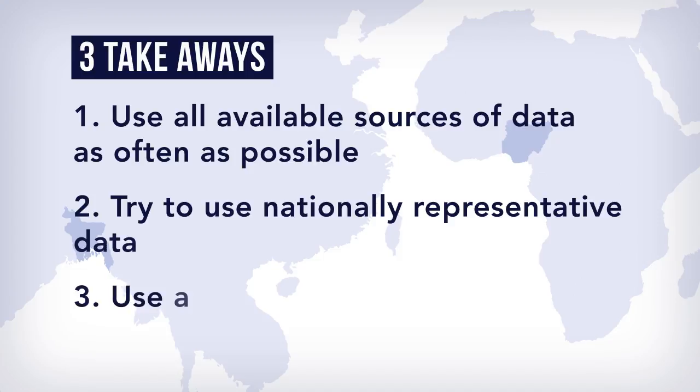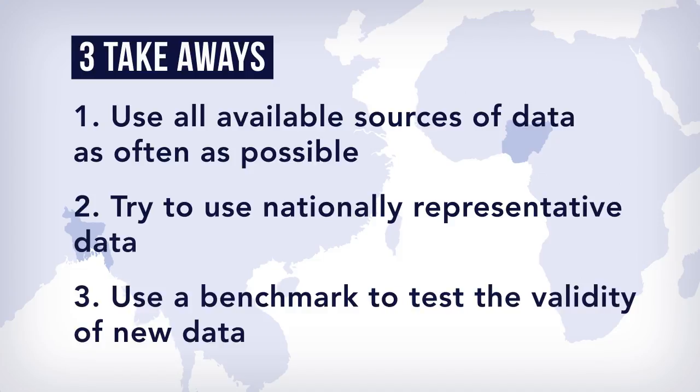And the third one is really about having a benchmark that you can compare this data against. And for child mortality, for example, the childmortality.org website gives you easily access to all this existing information from all the countries, and you can compare this new data against existing data.